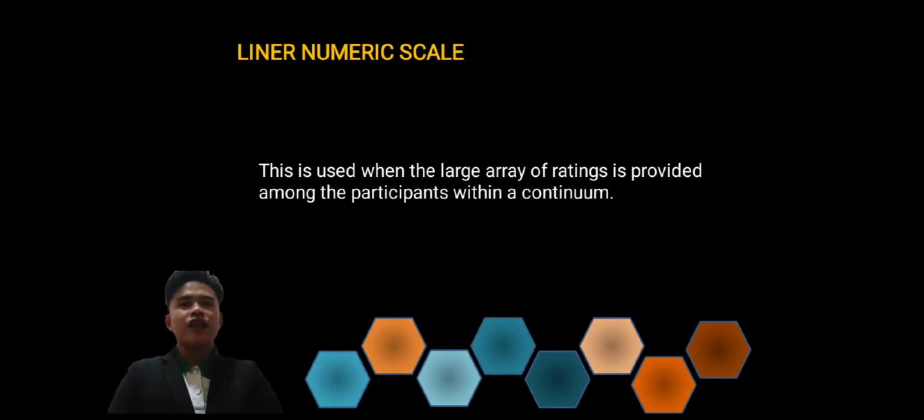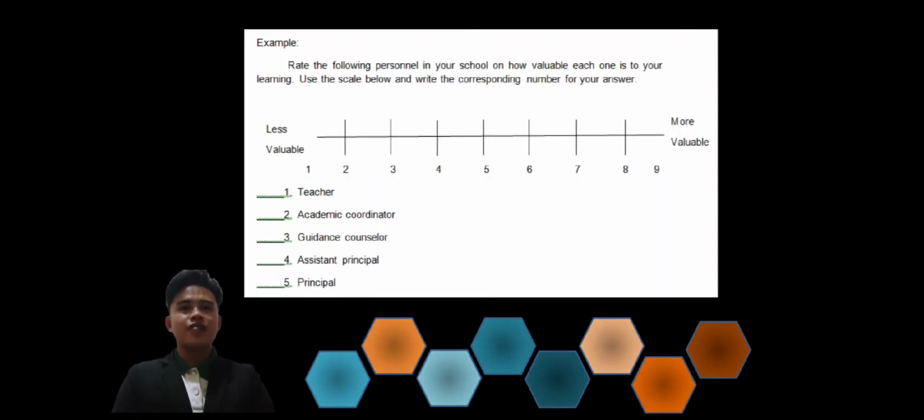Next, we have linear numeric scale. So this is used when a large area of rating is provided among the participants within a continuum. For example, rate the following personnel in your school on how valuable each one is to your learning. Use the scale below and write the corresponding number for your answer.